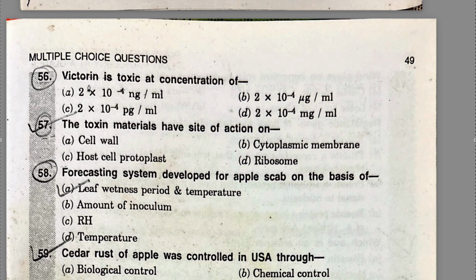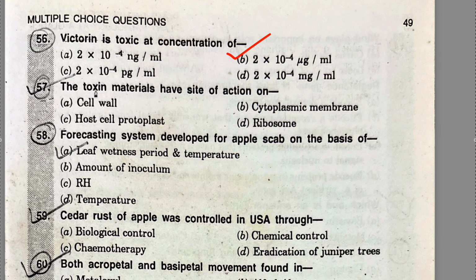Question 56. Victorin is toxic at what concentration? 2 into 10 to the power minus 4 ng per ml, 2 into 10 to the power minus 4 microgram per ml, or picogram or milligram. Answer is microgram. 57. The toxin materials have site of action on cell wall, cytoplasmic membrane, host cell protoplast, or ribosome.